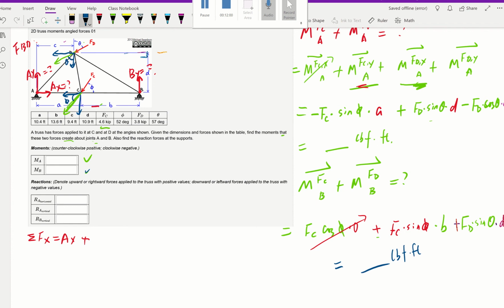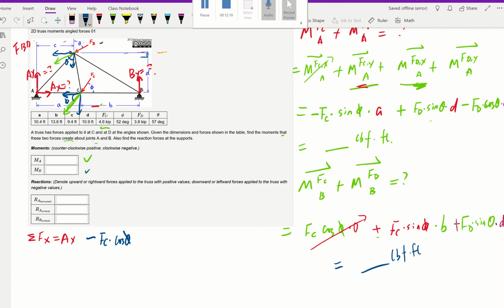So for FC, we'll have FC times cosine psi, and this is going to the left, so this will be minus.